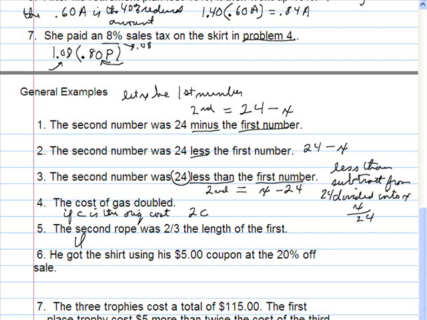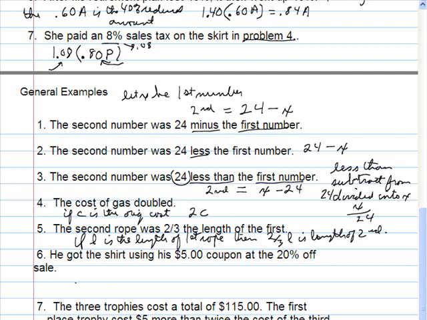If L is the length of the first rope, then 2/3 of L is the length of the second rope. These are just kind of common sense, but read them, make sure they make sense to you, play it over if it went too fast.